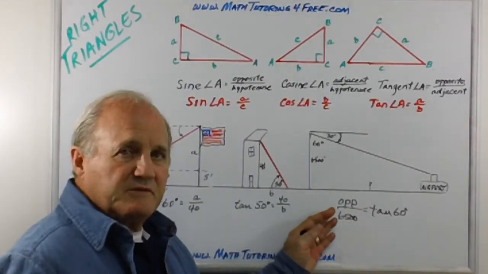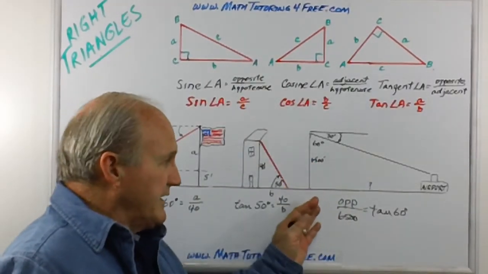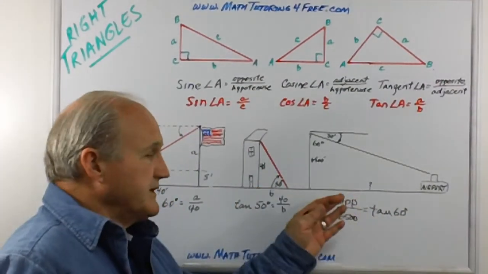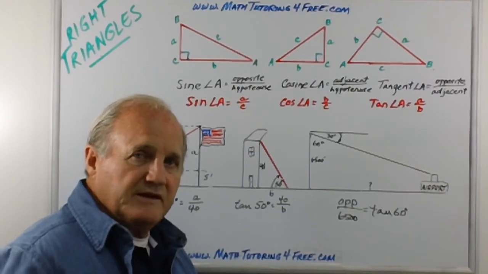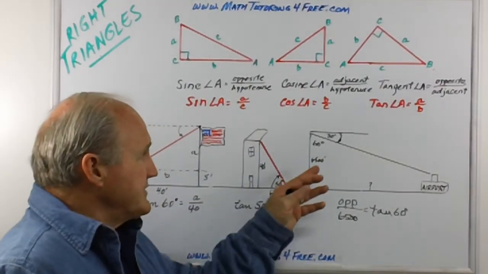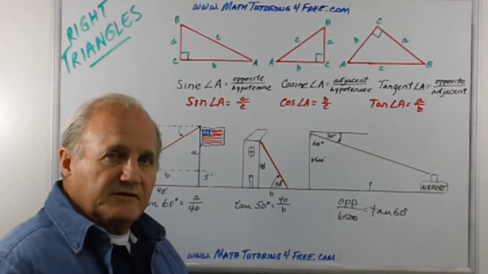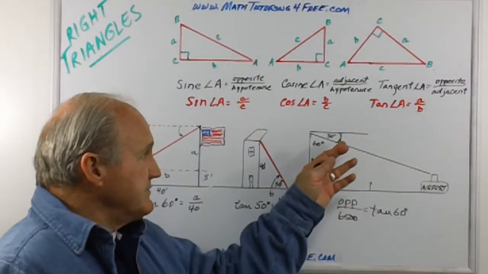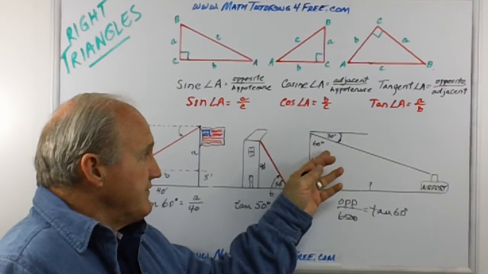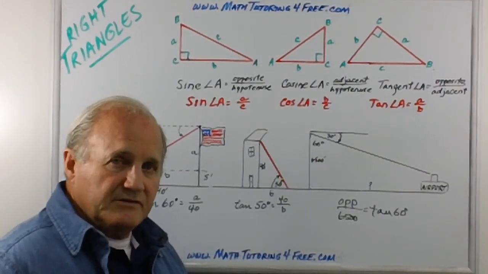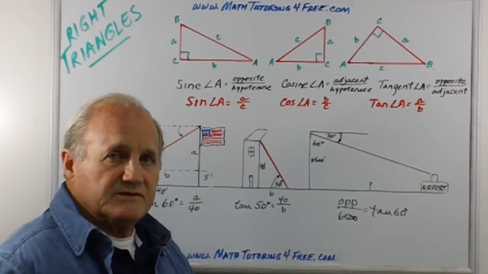Typically, this might be 1.3 miles and finding it in miles, but you might have to convert what you get to miles. It depends how they ask you for that, but make sure you understand the difference between angle of elevation and angle of depression, and in this case we use the angle of depression to find the angle within the triangle, and then use our tangent function to solve for the distance.